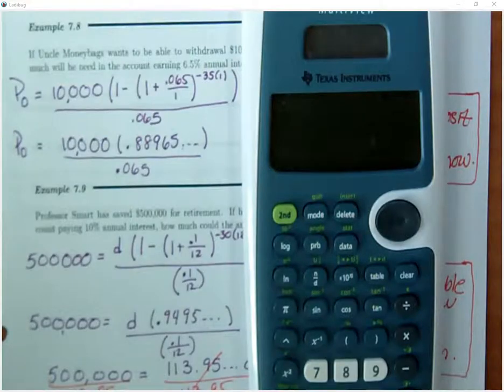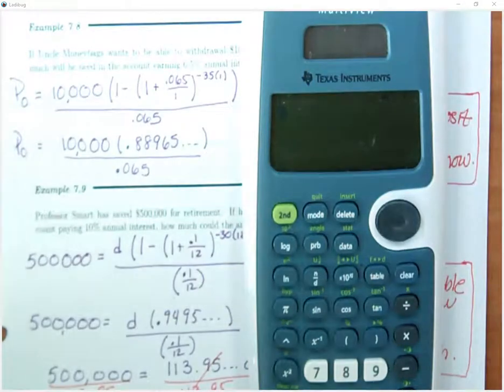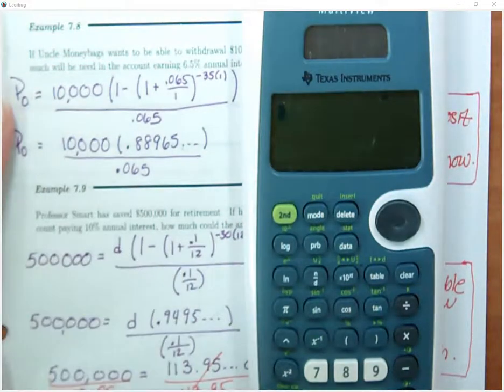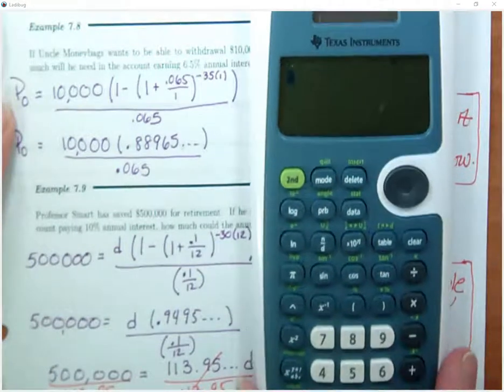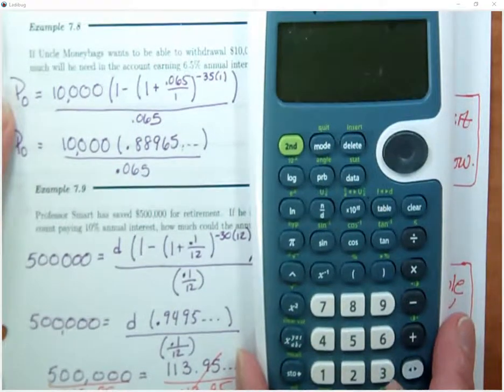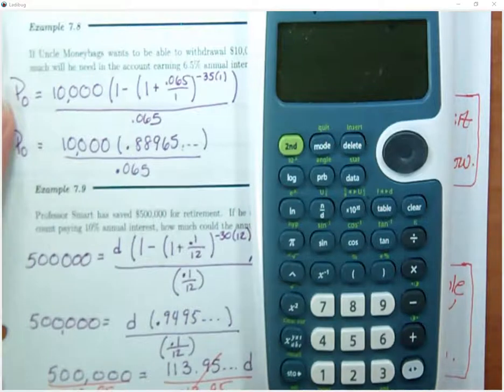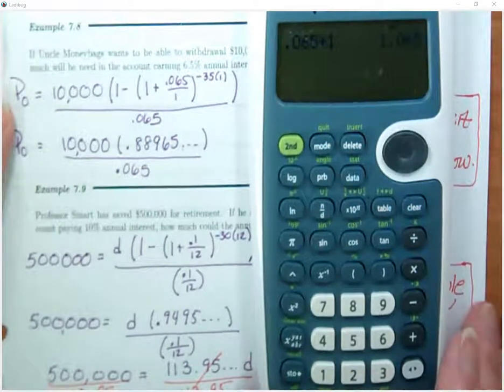I'm going to put the light up a little so you can see what I'm typing in the calculator a little better. It'll fade the words out, but I would just type it in like this, 0.065, and then plus my 1. Don't forget to do that.